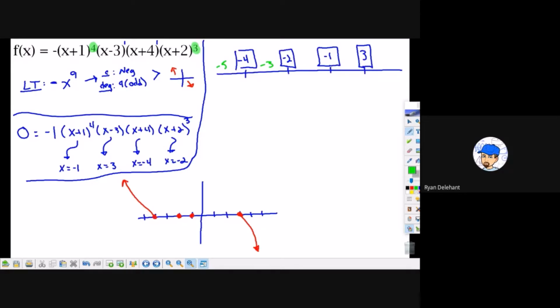Only do it when you have to. You could always test these with decimals, but that makes the work harder to do when you're looking at it. So only do decimals if you have to. I'm going to split it even: 1.5. And then the test value between -1 and 3, I'm going to use 0, and let's use 6 right here, because anything bigger than 3 is going to work. So we're going to find all the signs and determine our above and below for this.